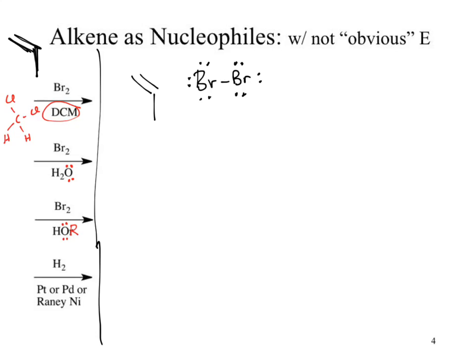Why not? There are no acidic hydrogens to react with, so it has to act as a nucleophile. If it's going to act as a nucleophile, what does it need to react with? An electrophile. What charge does an electrophile have? Positive. Where's our electrophile? Also not really there.